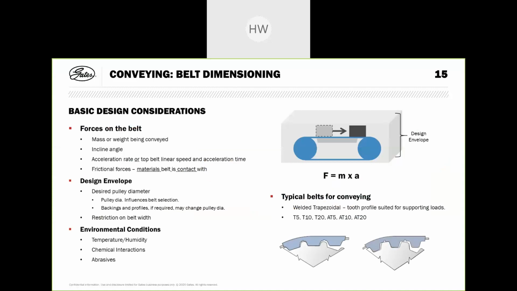So on conveying, what we do is move weight and products from A to B, usually. And the forces on the belt are the mass or the weight of the product. Some of the conveyors are inclined, so we have to respect the inclined angle. And then also, of course, the acceleration rate or the top belt linear speed and the acceleration time.